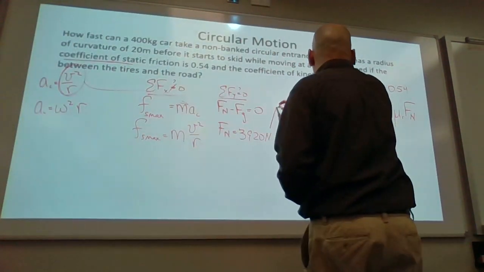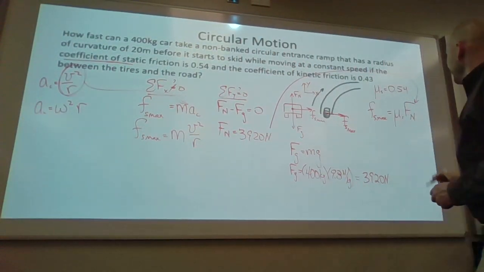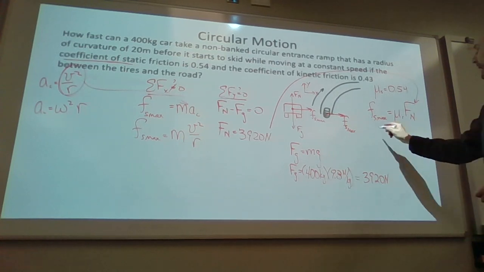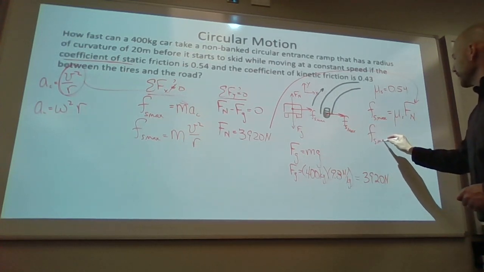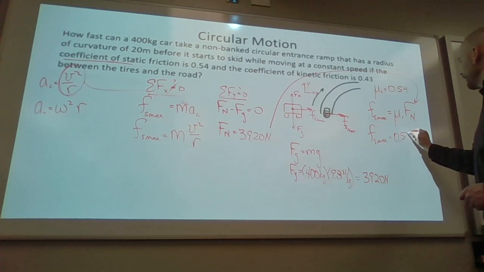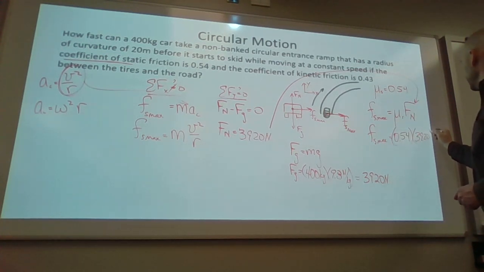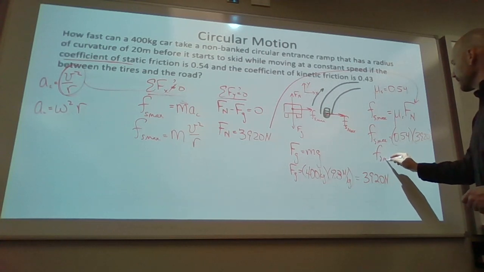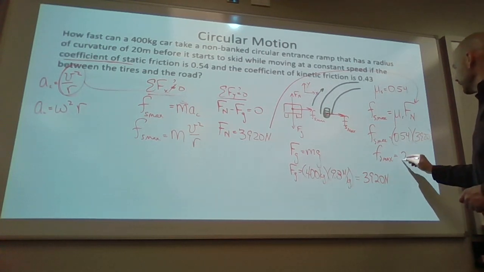Then you can take that and put that in there. So maximum static friction is equal to 0.54 times 3,920. Maximum static friction is equal to 2,117.